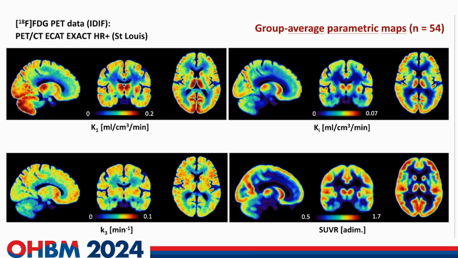Again, I use exactly the same tracer, FDG. I have 4 different views of the same process. What we want to use depends on the aim of the project, the aim regarding the pathology, whatever I have in mind.